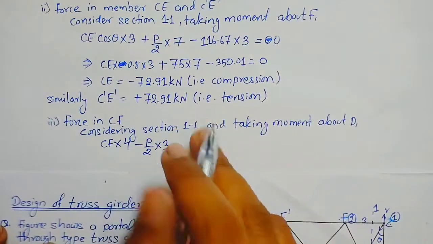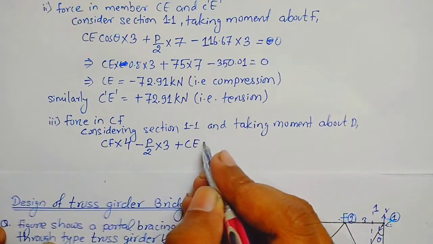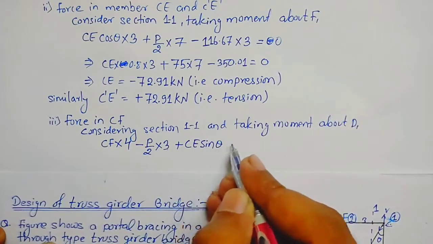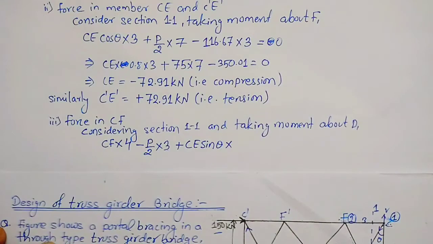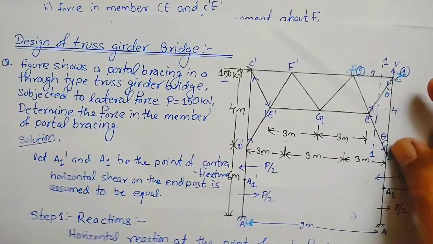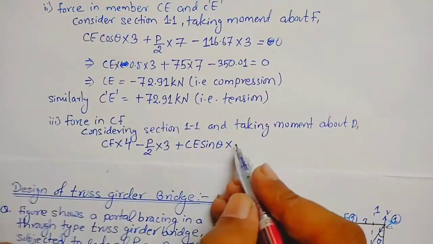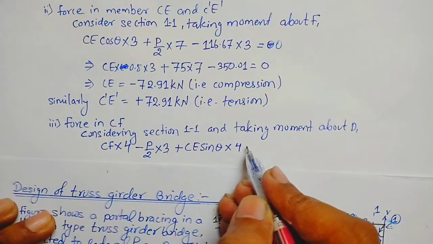And now guys, as I said, we need to take the horizontal component of this force CE, so CE sin theta, and the force CE is taking horizontal direction and will be at a distance 4 meter from this D, so it will be times 4 equals to 0.